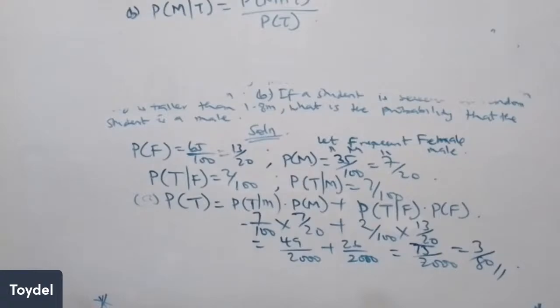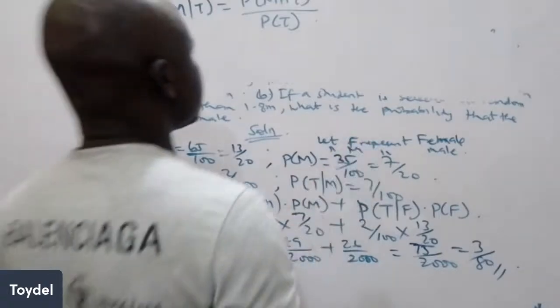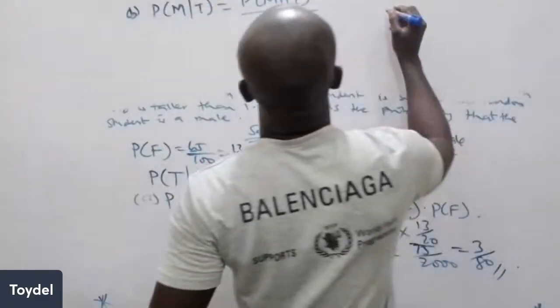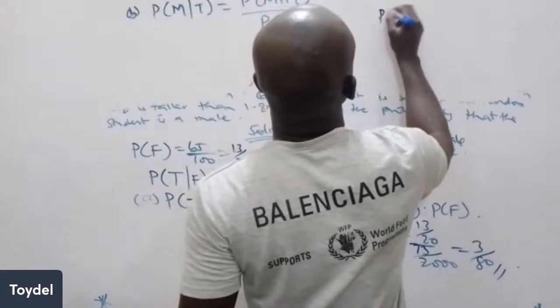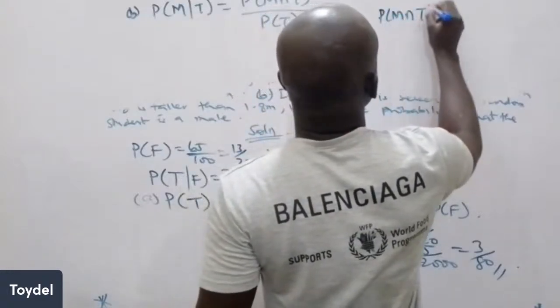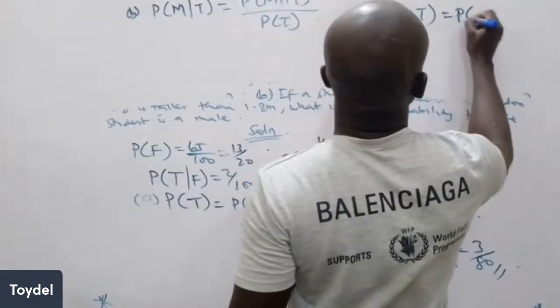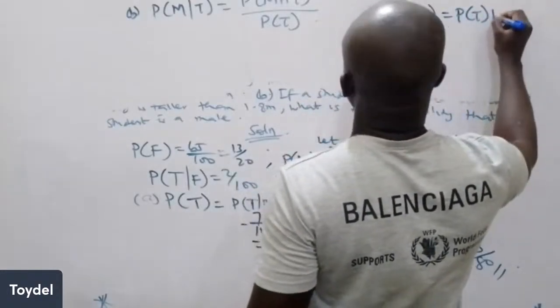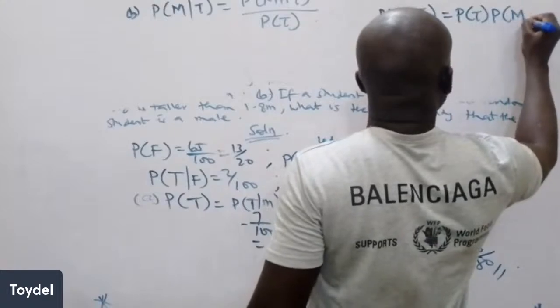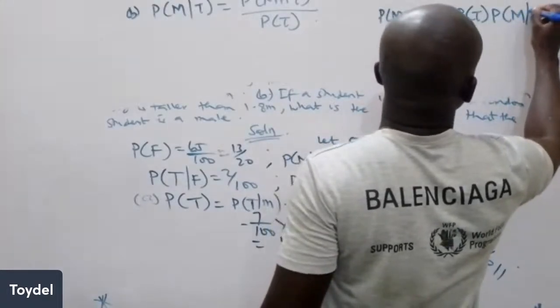We know when we started conditional probability that the probability that the student is a male and is taller than 1.8 meter will be the probability that is taller than 1.8 meter multiplied by the probability that the student must first be a male before it can be taller than 1.8 meter.